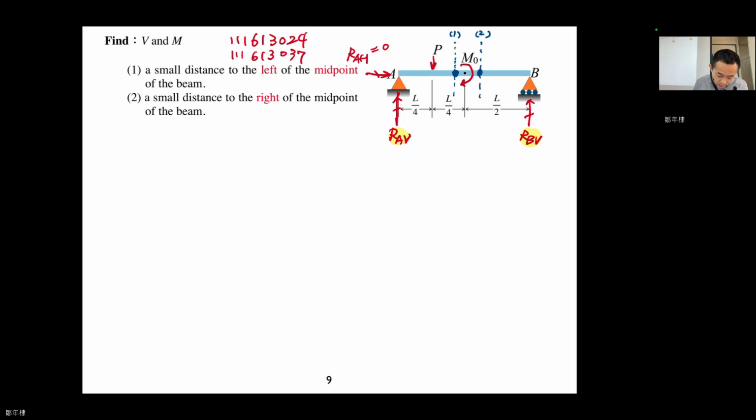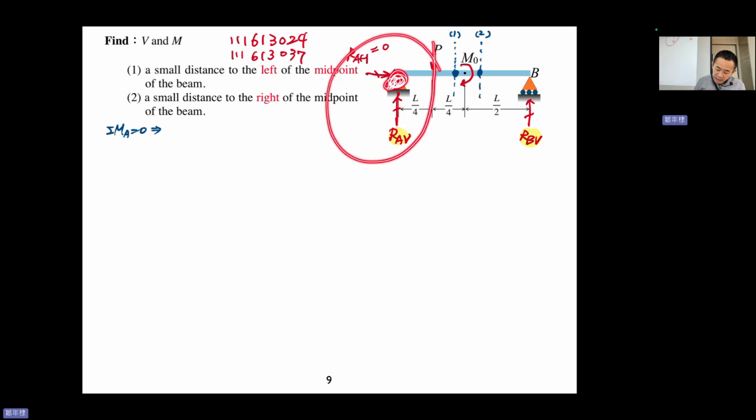Next, we are going to solve the unknown. So sigma MA equal to 0. We make the A here as an origin.